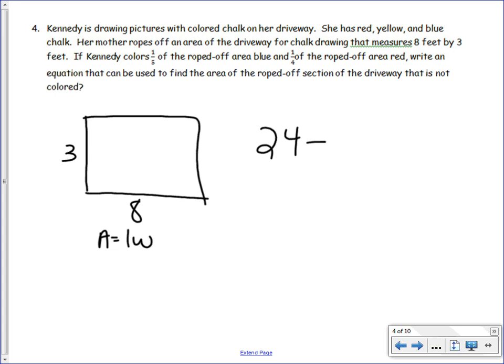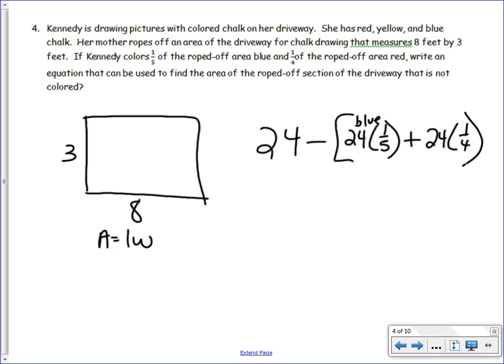So I'm going to subtract out, and then to find out how much she colored blue, you would take the area, which is 24, and multiply it by 1/5. And then I'm going to add to that the area that she colored red. So I'm going to take 24 times 1/4.